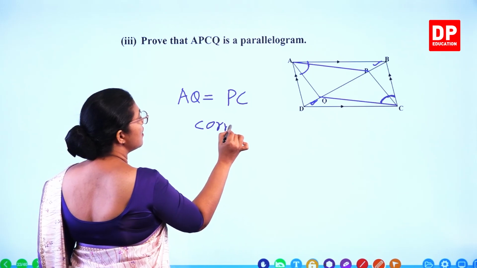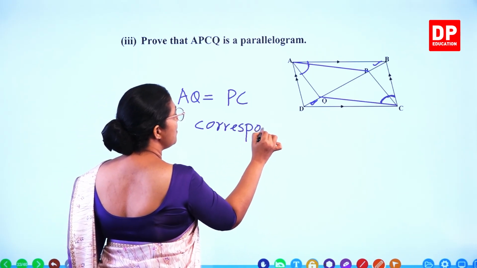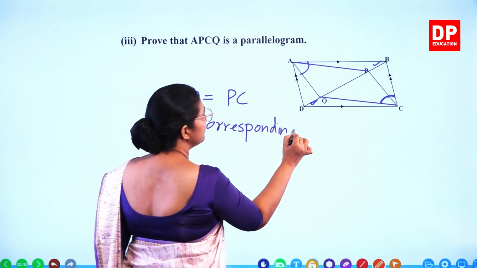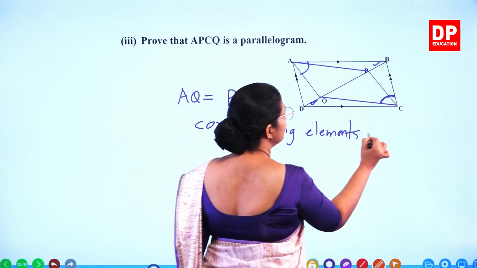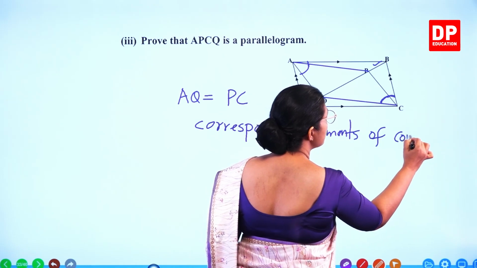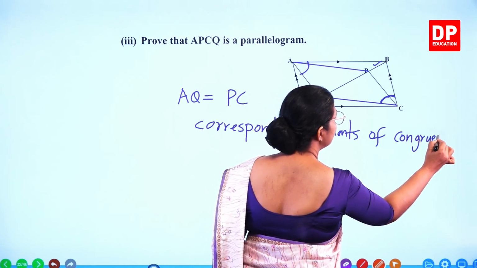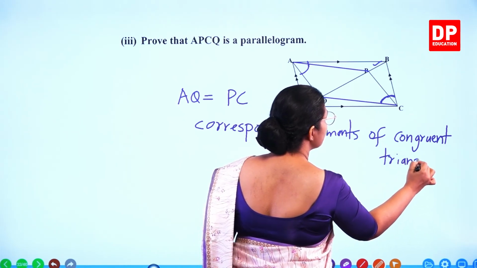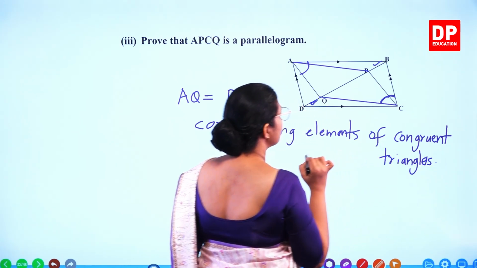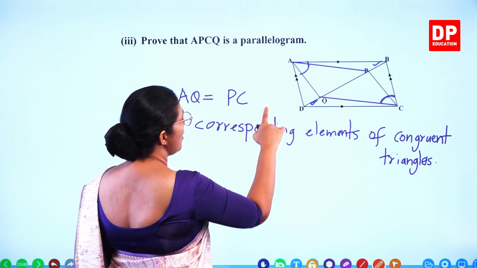Corresponding elements of congruent triangles. Those 2 are equal.